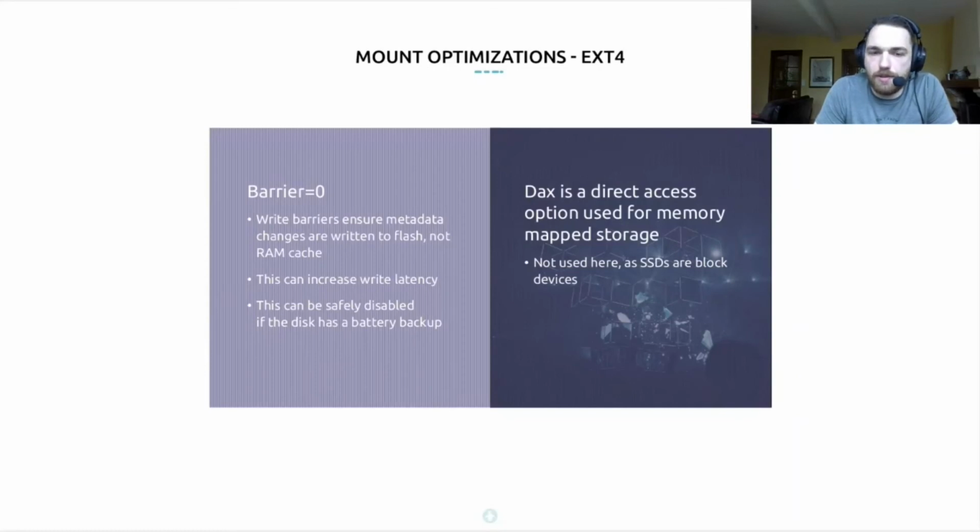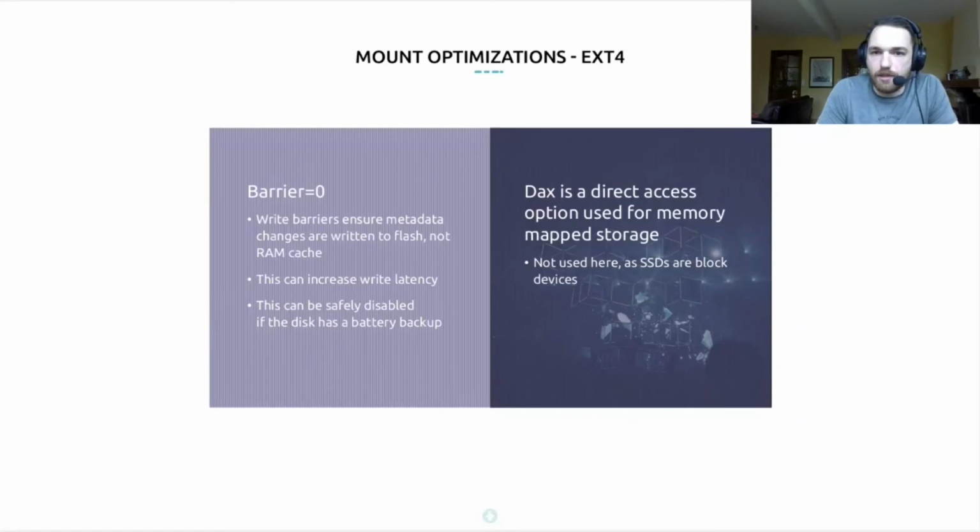If they are written in flash, you can restore them properly. Except that here, as we have a backup battery, we don't need that feature because anyway, the metadata changes will be written to flash even in case of a power loss. So we can disable it and decrease the write latency, which is good in case of a real-time system.